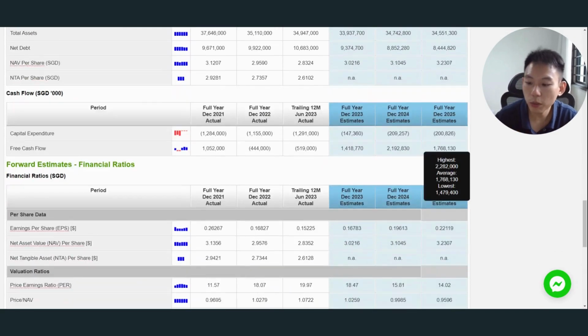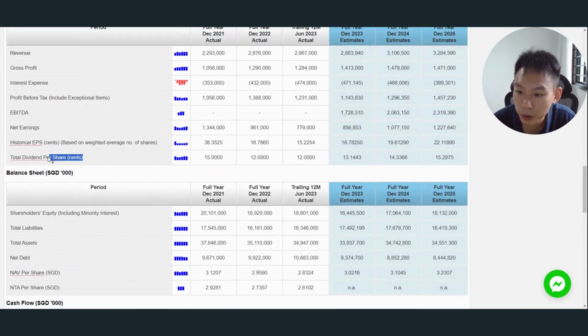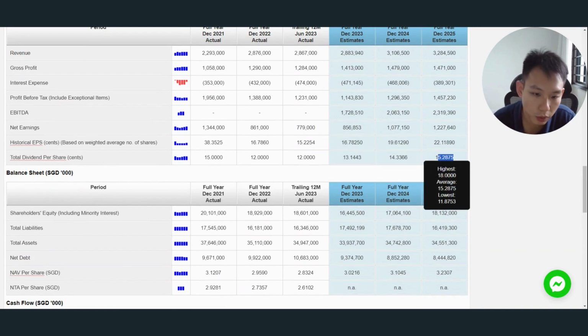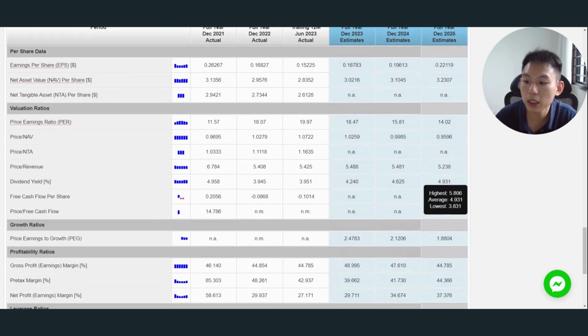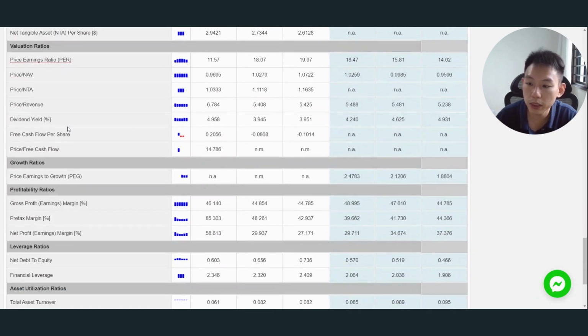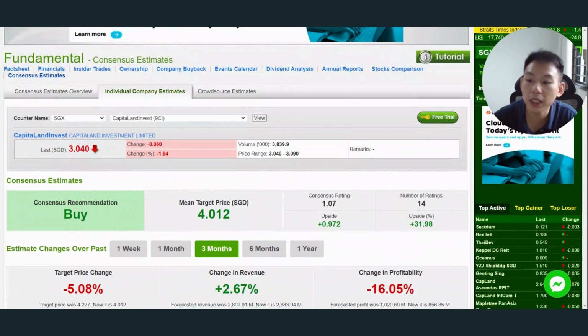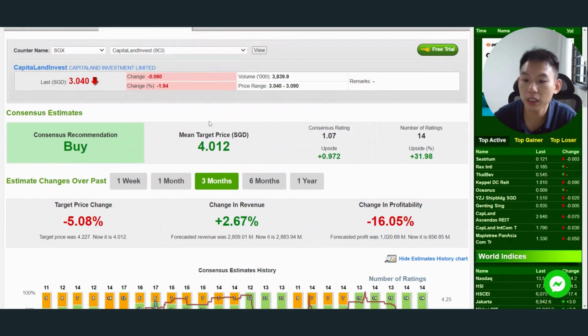On top of that, the dividend per share is also going to increase to around 15 cents. So based on the current share price, the dividend yield will be increasing from around 3.9% to 4.9%. That is if you are purchasing the shares right now at the current beaten down share price of $3.04. Okay, so now let's move on to the next stock.